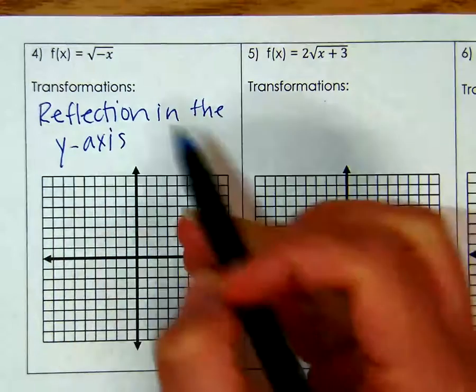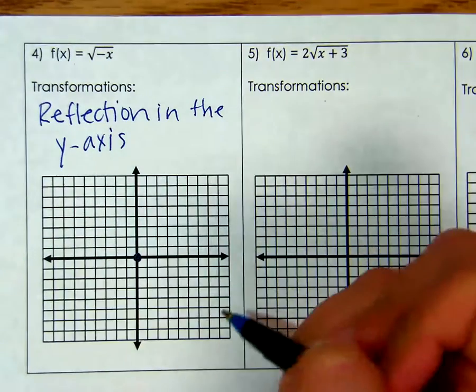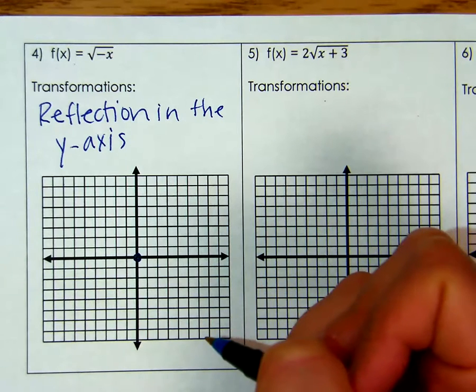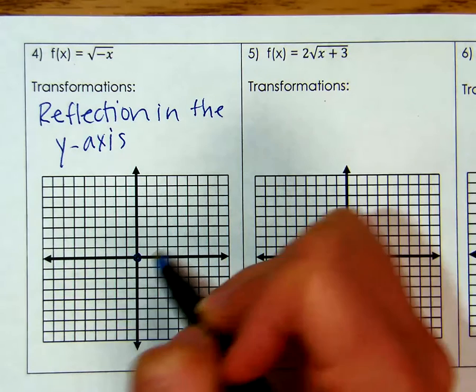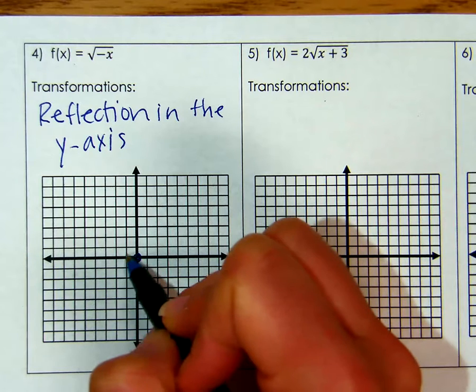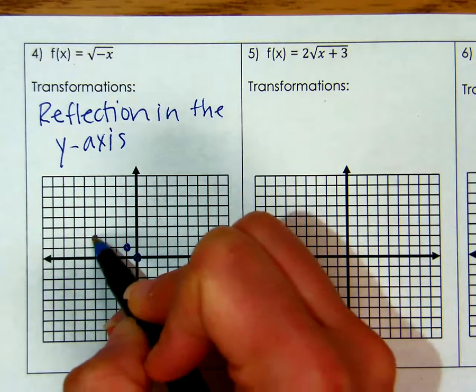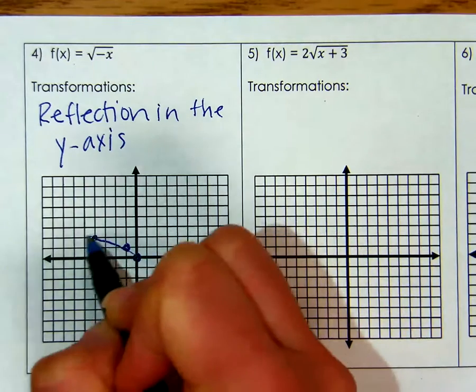So I'm going to put my first vertex at 0, 0. Instead of going right 1, up 1, I'm going to go left 1, up 1. Left 4, 1, 2, 3, 4, up 2. And then I have my function going to the left.